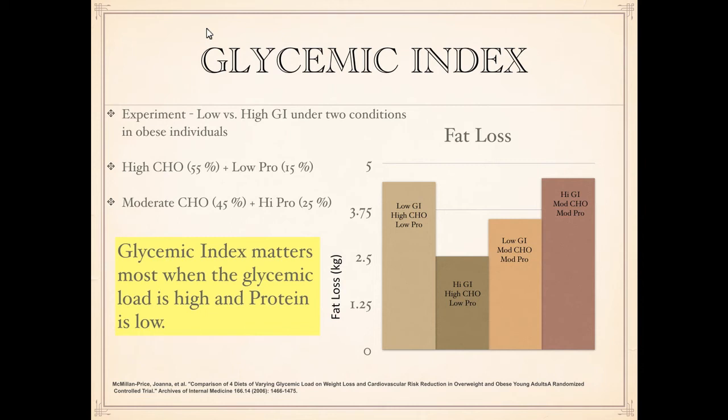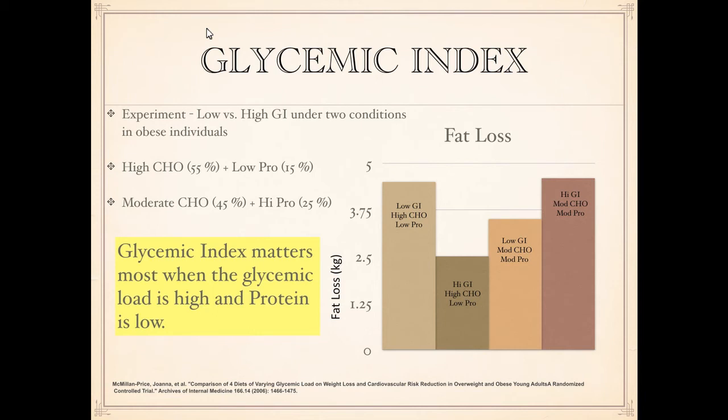So a more recent study basically took low and high glycemic index in obese individuals under 2 conditions. A high carbohydrate group, like 55% carbohydrate, low protein, 15% protein, then a moderate carbohydrate group, which is 45% carbs, and a high protein, 25% protein. So this is looking at overall fat loss.